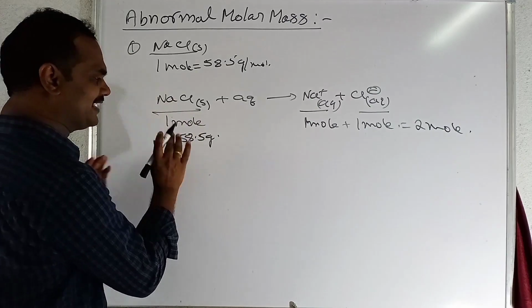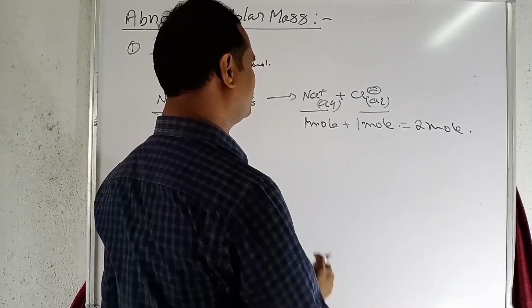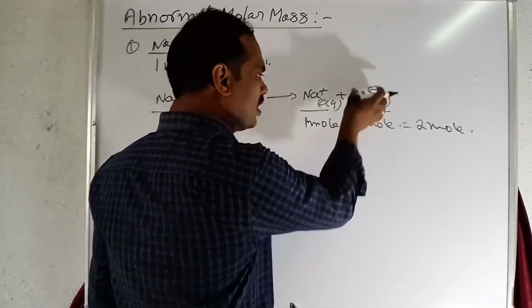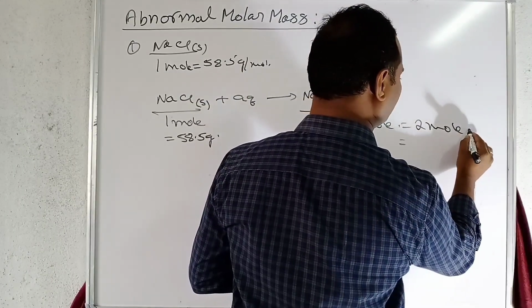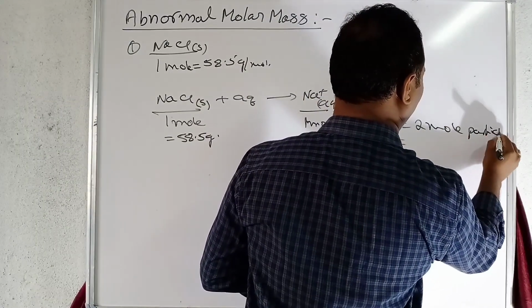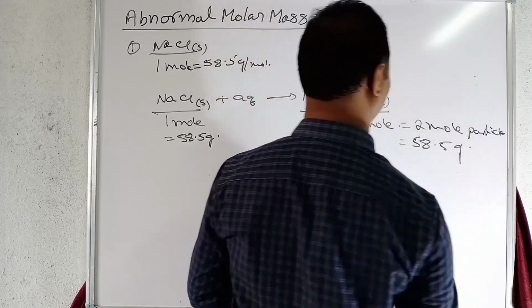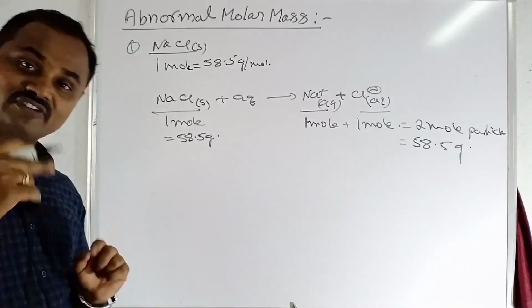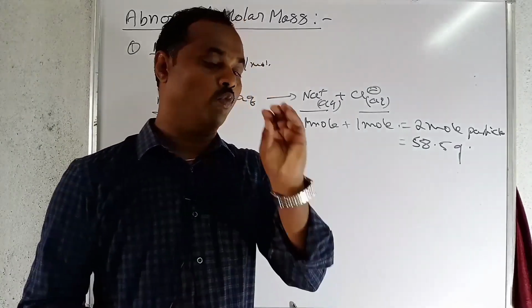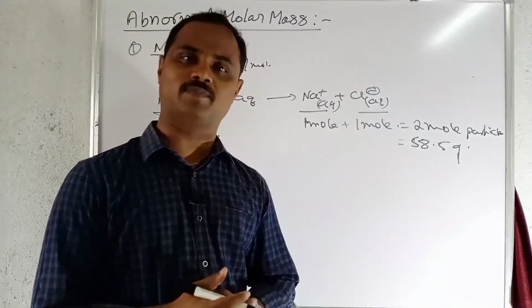Is it the same way? NaCl, 1 mole we are taking, its mass is 58.5 grams. When dissolved in water, 1 mole of Na plus ion and 1 mole of Cl minus ion, just a dissociation. So in total, what is the mass of these 2 mole particles? 58.5 grams. Carefully see, the molar mass definition we already saw: the mass of 1 mole of particles is known as molar mass.